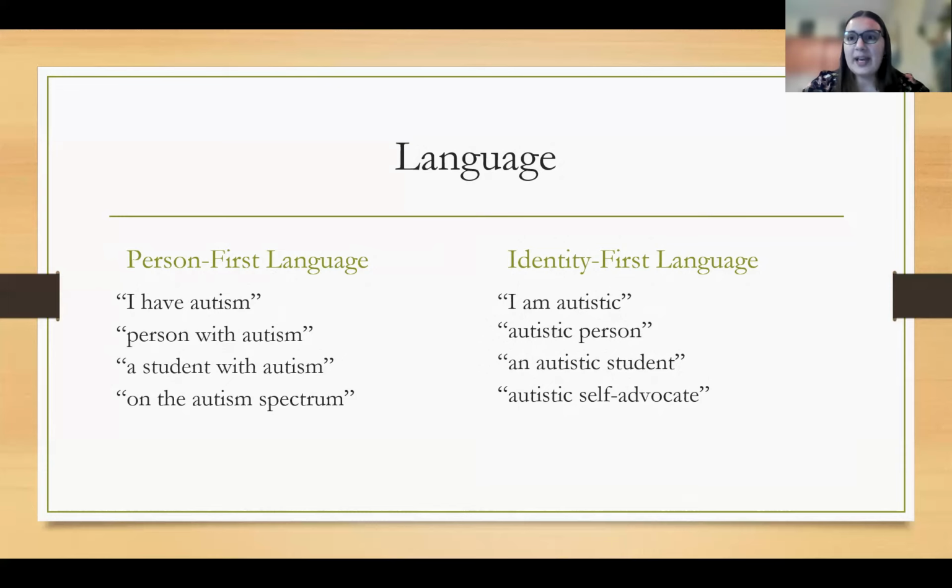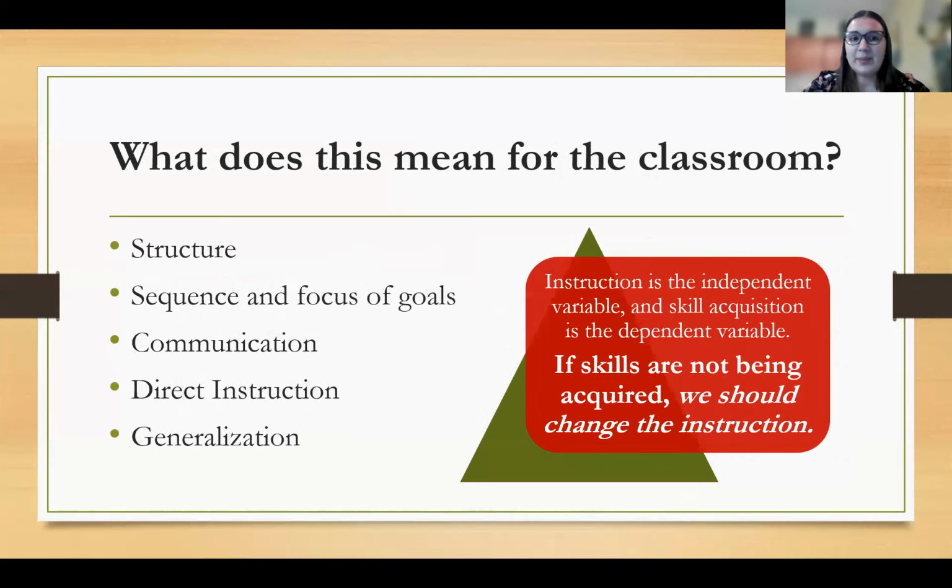and include them. And that brings me to what this means for our classroom. In the classroom, if someone is not acquiring skills or learning the content or accessing learning in the way that we anticipate or we have identified with our learning goals, we need to change our instruction.